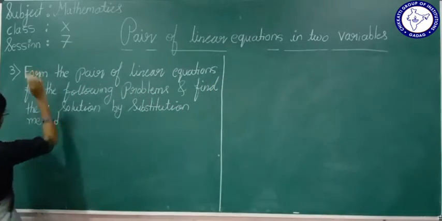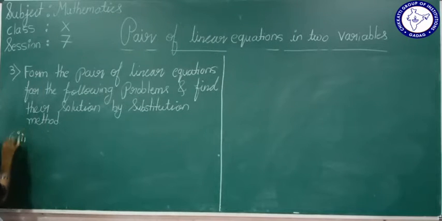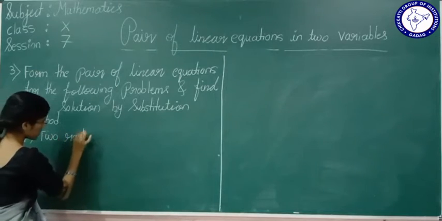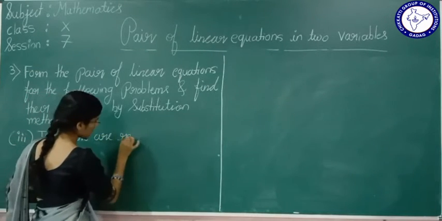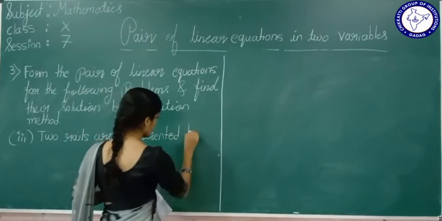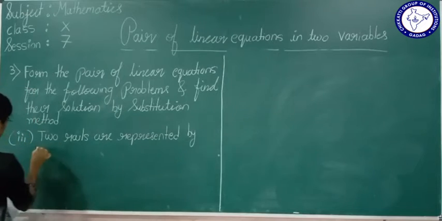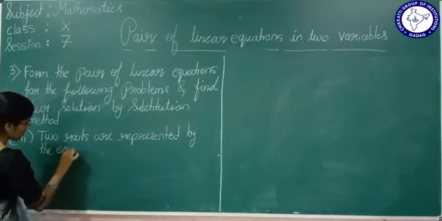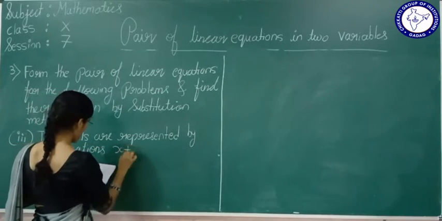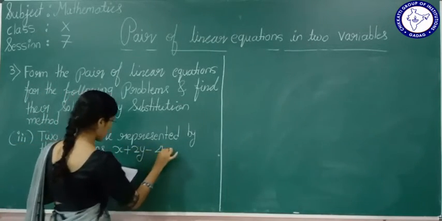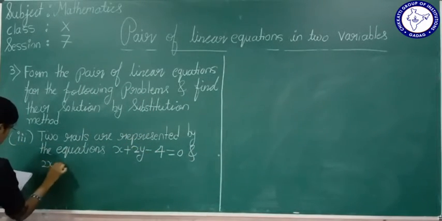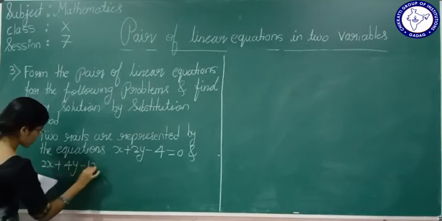See in the third question. Two rails are represented by the equations x plus 2y minus 4 is equal to 0 and 2x plus 4y minus 12 is equal to 0.